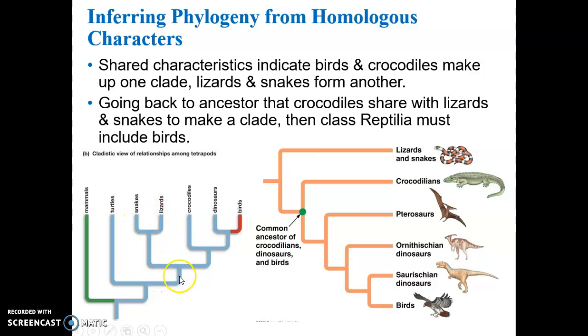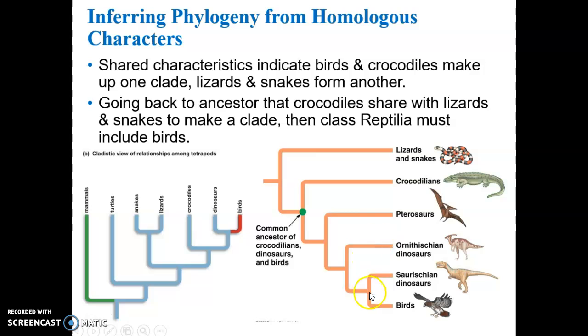From this point, this common ancestor to all these groups, that would be a clade. If we go back to the common ancestor of all these and turtles, that's a clade there. If we go all the way back, we can identify a common ancestor to the mammals and the reptiles and have an even larger clade.